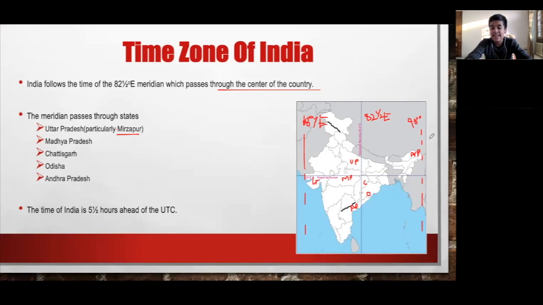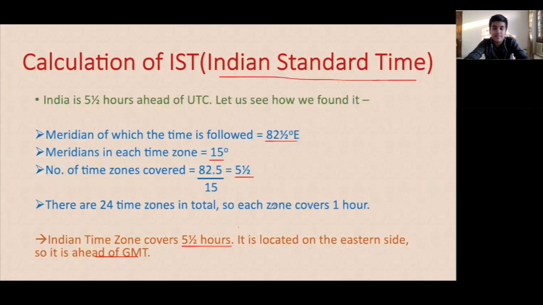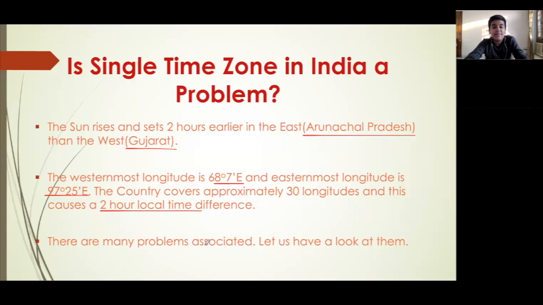India lies completely in the eastern hemisphere. So there are approximately 30 longitudes from here to here, and this will create a 2-hour local time difference.